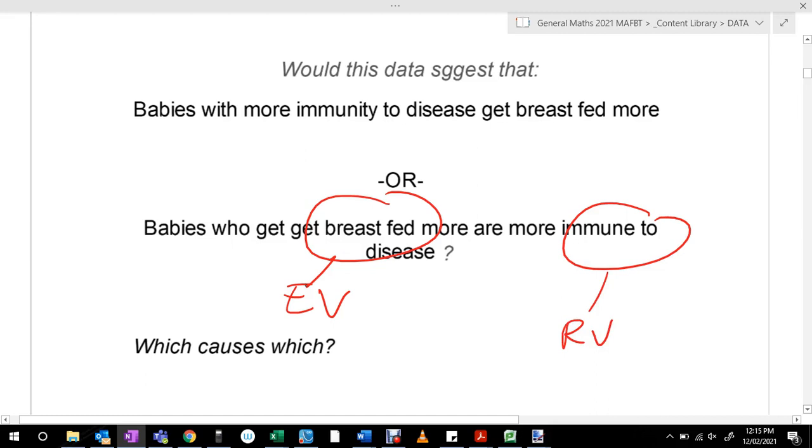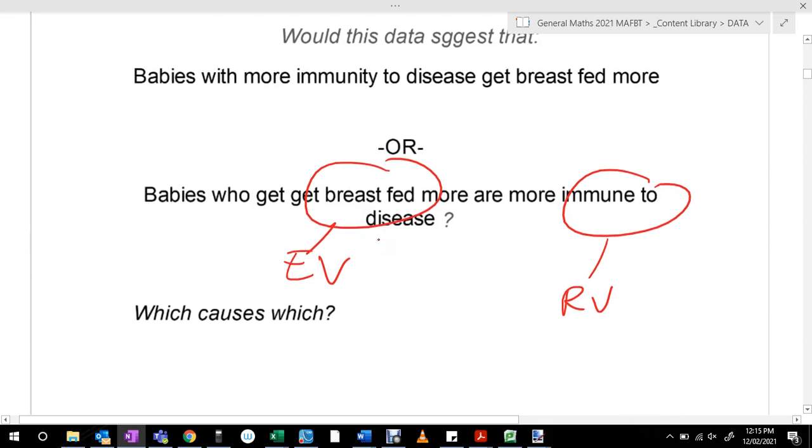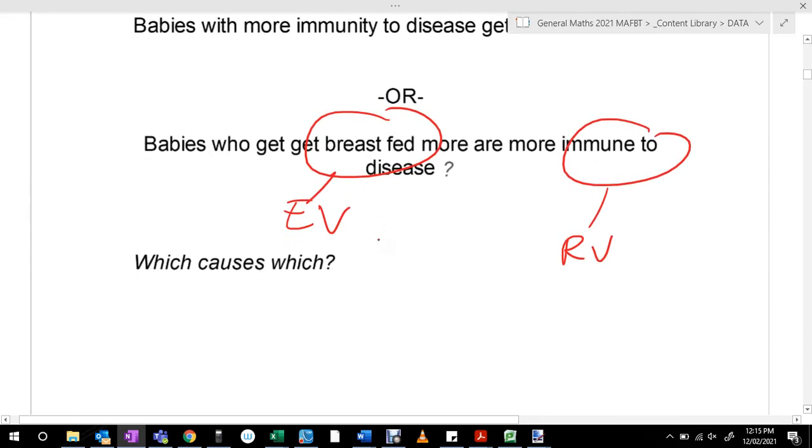So EV goes first. EV affects or determines what happens to the RV. So understand that. Good. So the EV affects what happens to the RV.